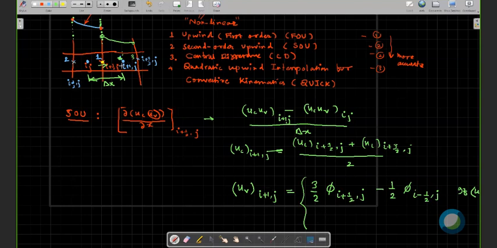In this case, if it is a reverse direction, 3 by 2 has to come to this particular point, and minus half will come to the, I'm sorry, not these 2 points. Actually, we will require one more point here.